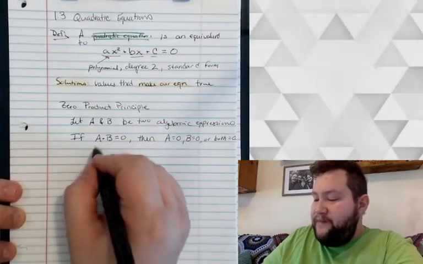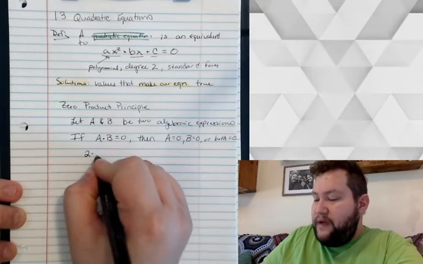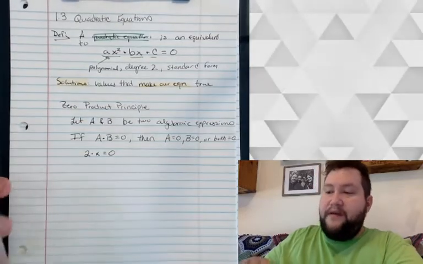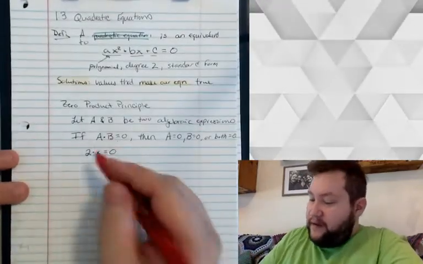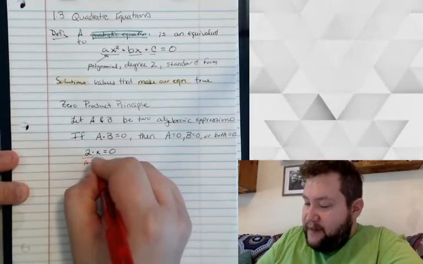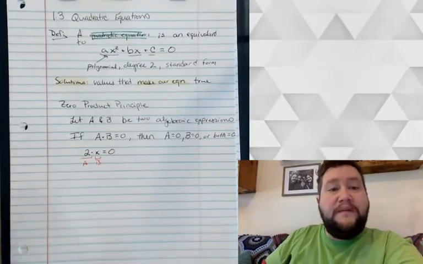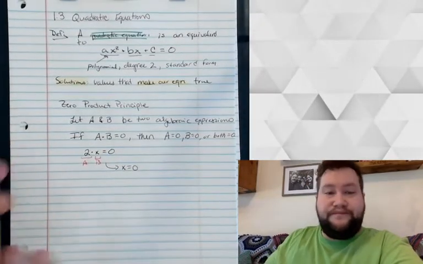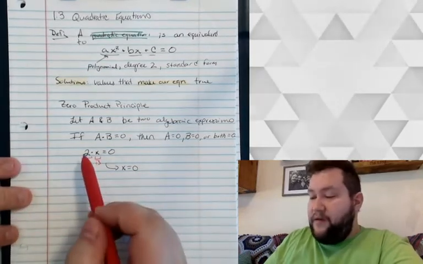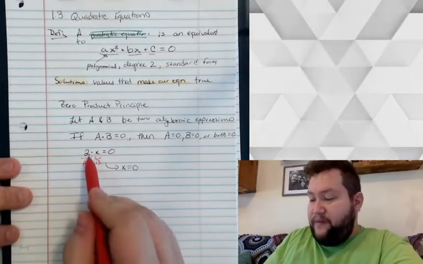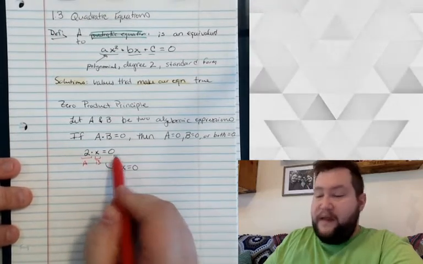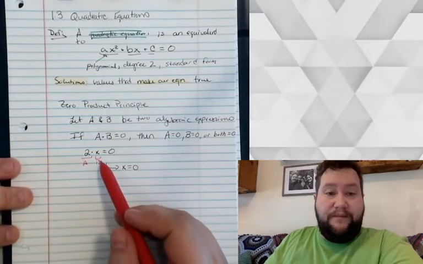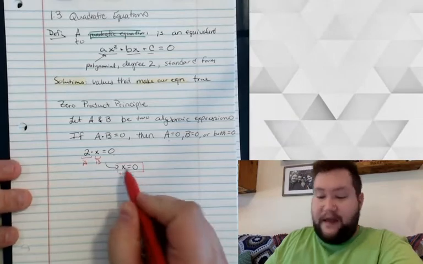If I have 2 times x equals 0, following our parallel of our letters from above, if we call this A and this B, to make this true, x has to equal 0. Our zero product principle says that if A times B equals 0, then either the first term is 0, well, 2 doesn't equal 0, or B equals 0. And that's the case here.